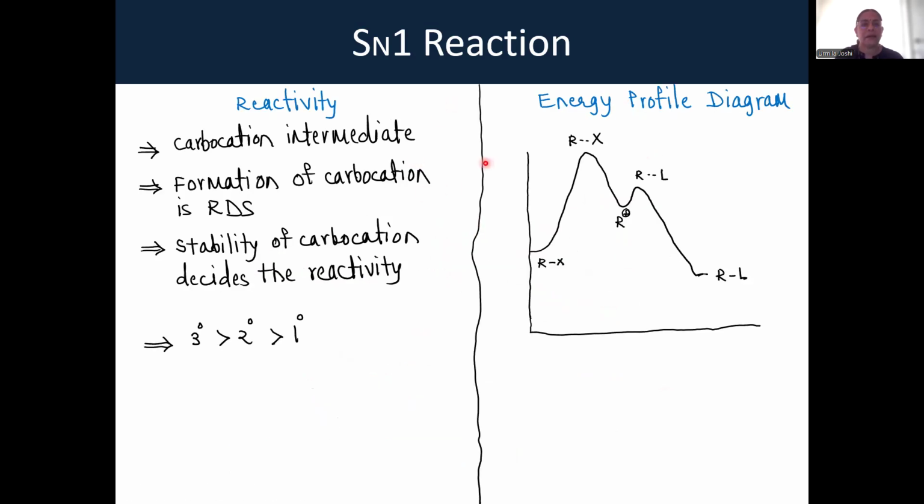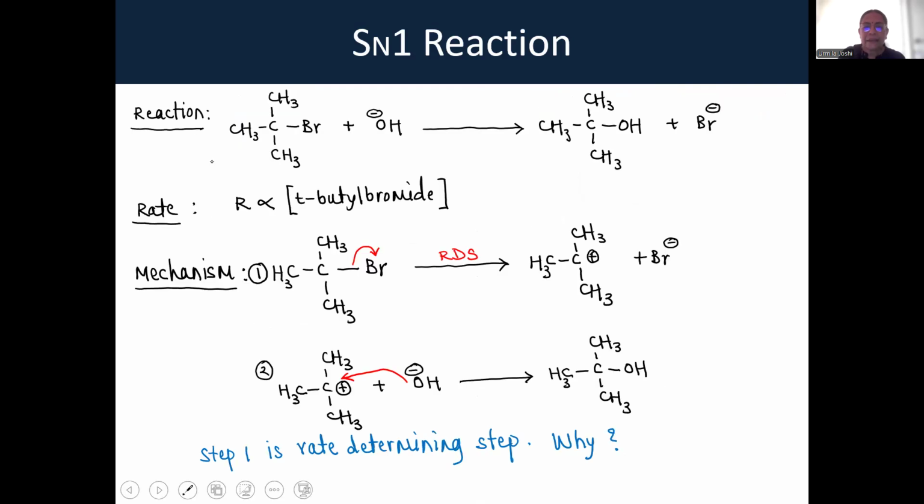Now reactivity. Just try to understand that this is a carbocation. I hope that before looking at this lecture, you will have a look at the lecture on carbocations, so the concepts become more clear.